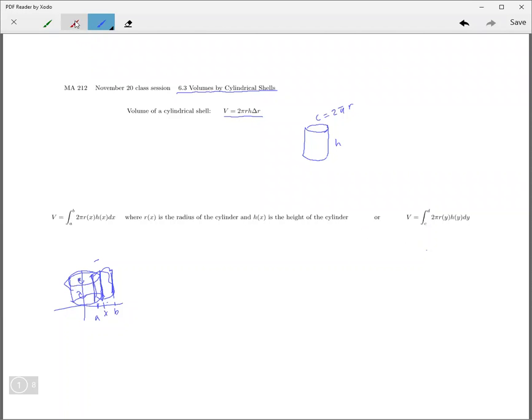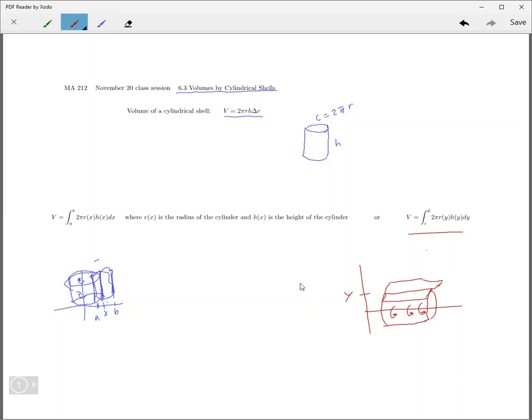And then this one right here is where you're revolving about a horizontal axis, so you're revolving this way. If you take a line segment here and you revolve that line segment around, then you're going to get a cylindrical shell, a cylinder.